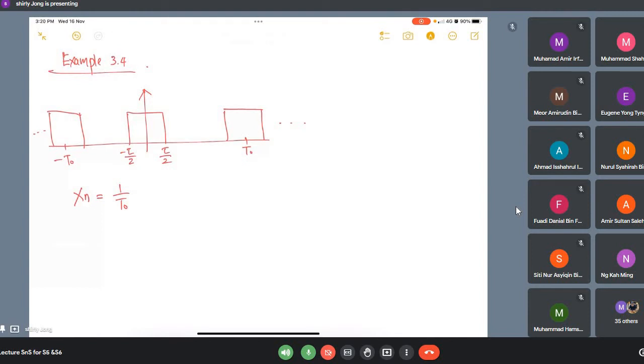Xn equal to 1 over T naught, alpha plus T naught. Most of the practice, I will request you to write the formula first so that you get familiar with the formula.